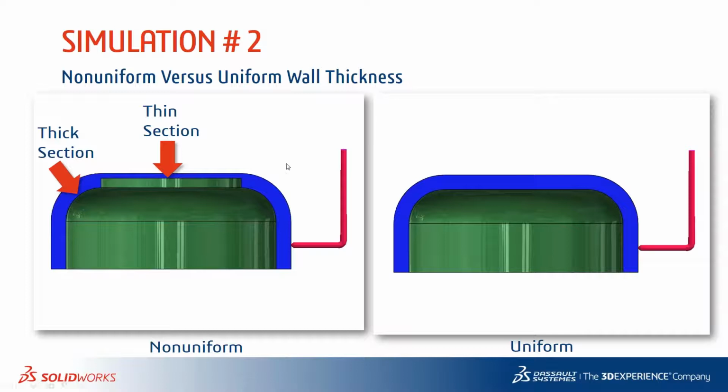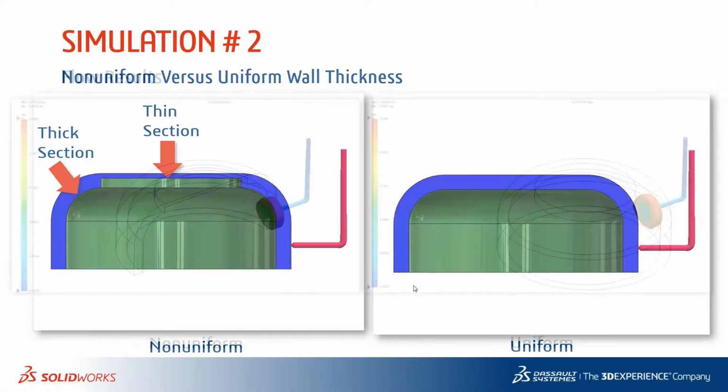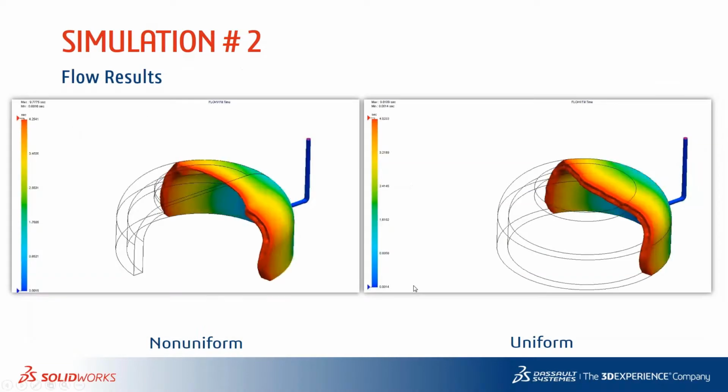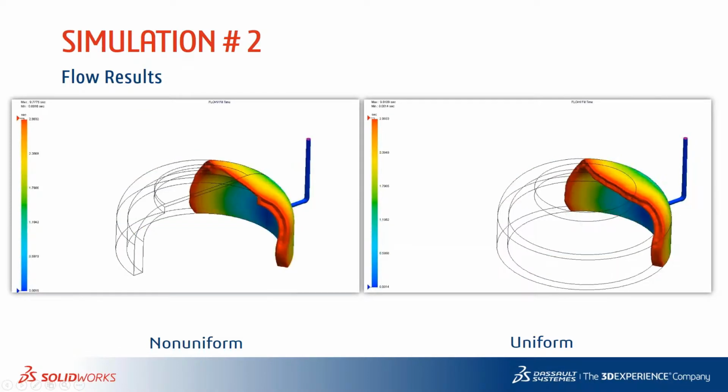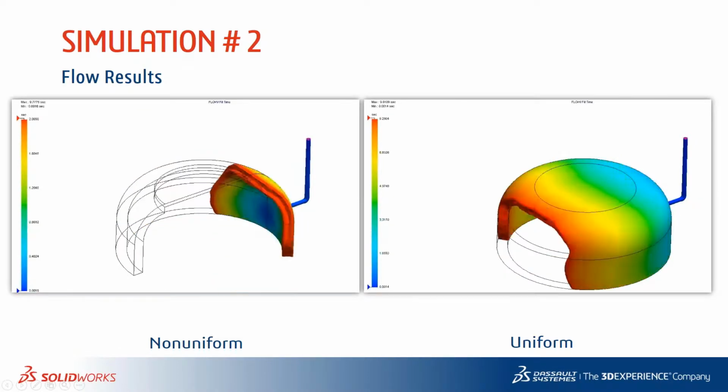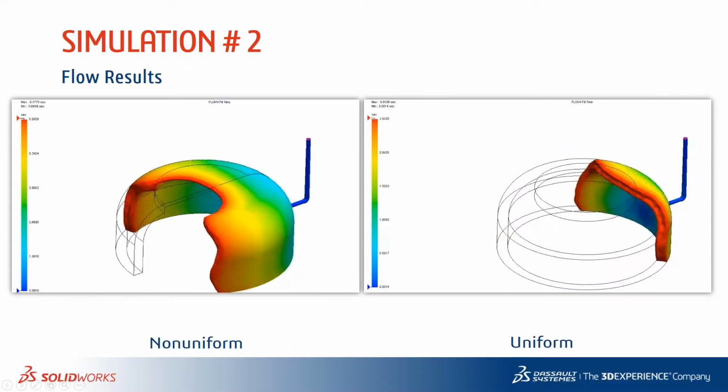So we're going to look at how the flow front behaves in this non-uniform section, versus on the right side, where we make a simple design change and make the wall thickness uniform everywhere. This illustrates the flow front animation, how the flow goes from the gate all the way to the end of the part.